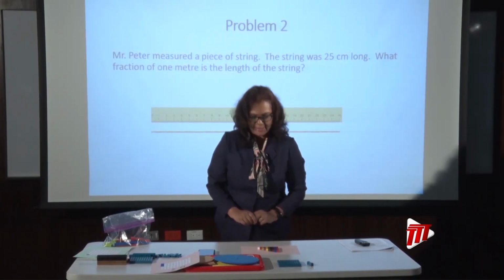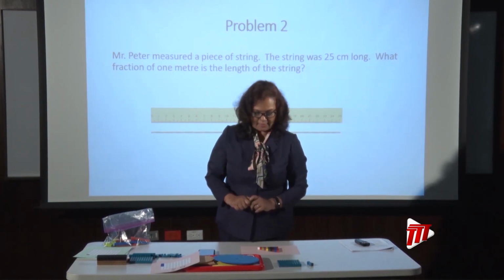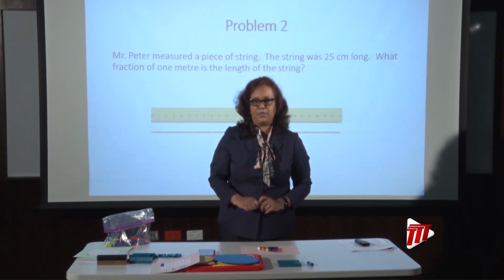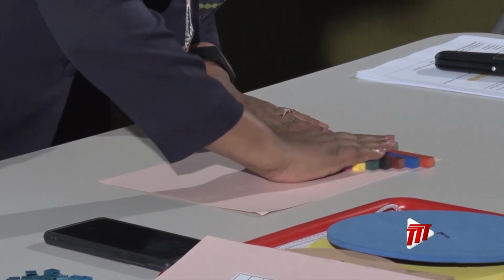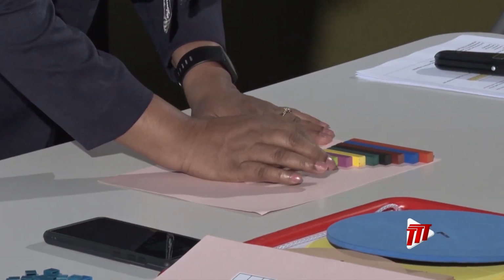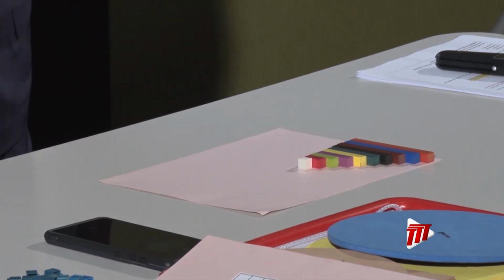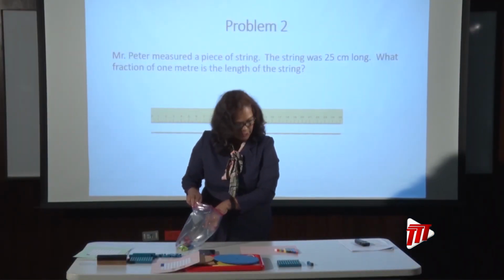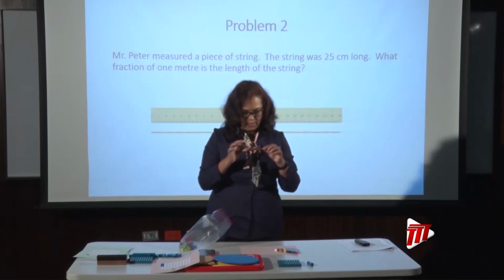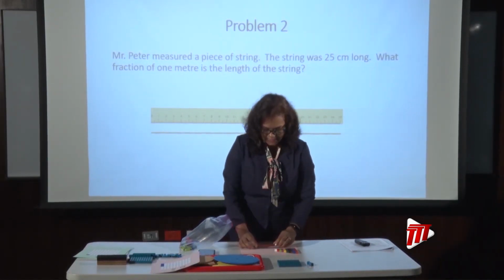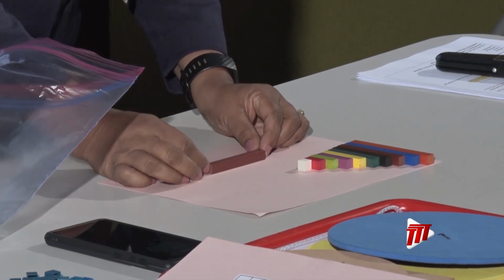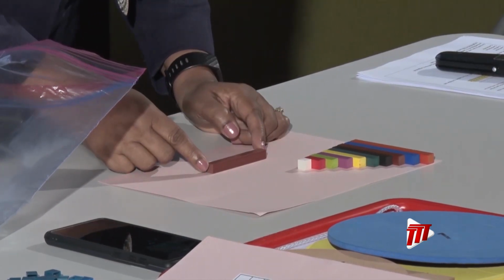I'm going to try to represent the fraction of the meter using the Cuisenaire rods. So I'm just going to put this aside, and I'm going to take some from my bag, and I'm going to use the brown, which represents 8. So this is going to represent my whole meter.